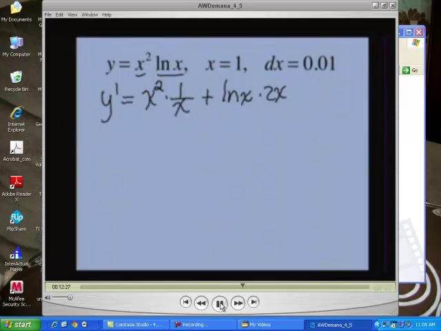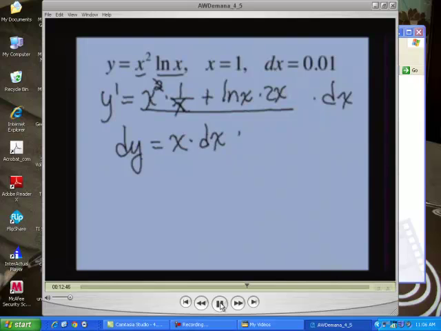According to the formula that we just looked at, dy is equal to the derivative times dx. So what I would have is x, of course we can simplify that to x times dx plus, and I'm going to rearrange these so there's no confusion, 2x times log x times dx.